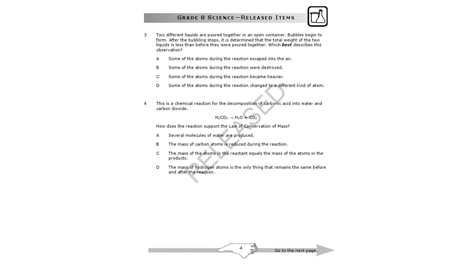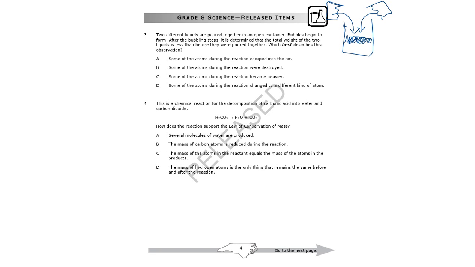Two different liquids are poured together in an open container. Bubbles begin to form. After the bubbling stops, it's determined the total weight of the two liquids is less than it was before the liquids were poured together. So what has happened? So imagine if you had a container, and you have two liquids, okay, and you're going to pour those together, and they start bubbling.